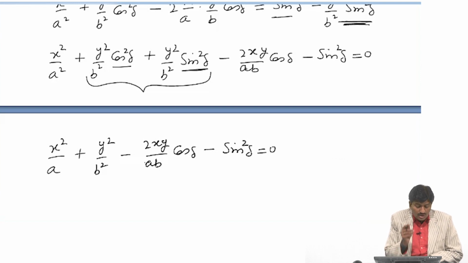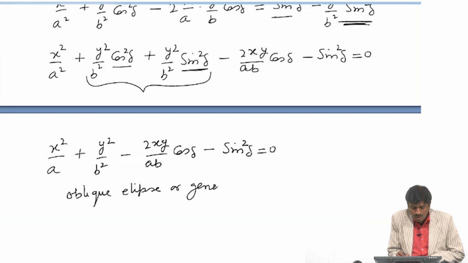This is the resultant equation after superposition, and it is also the equation of an oblique ellipse, or general equation.